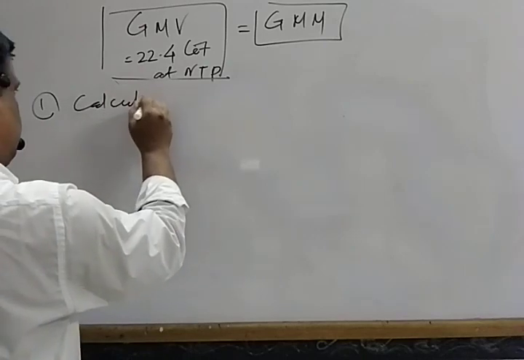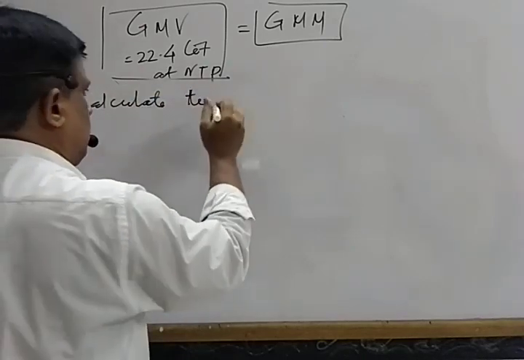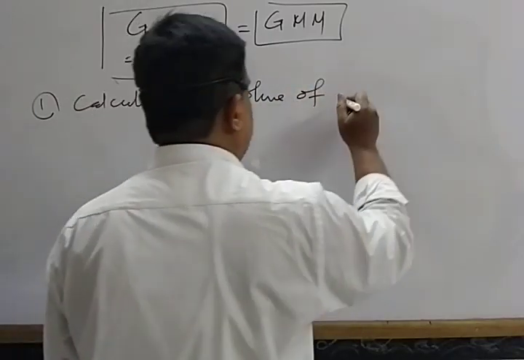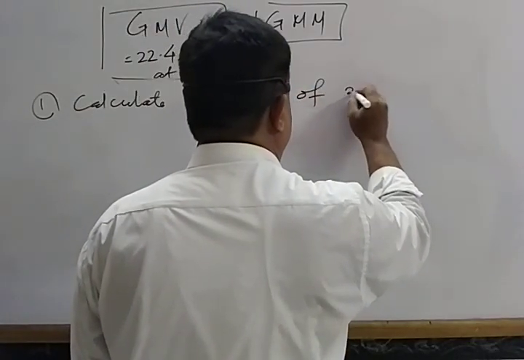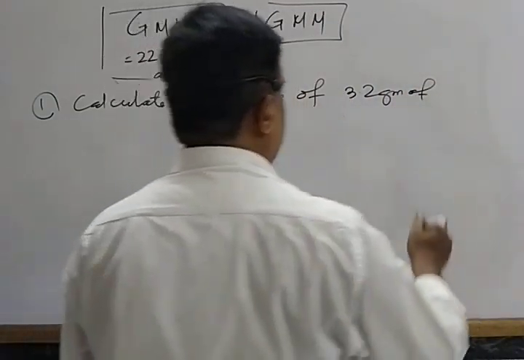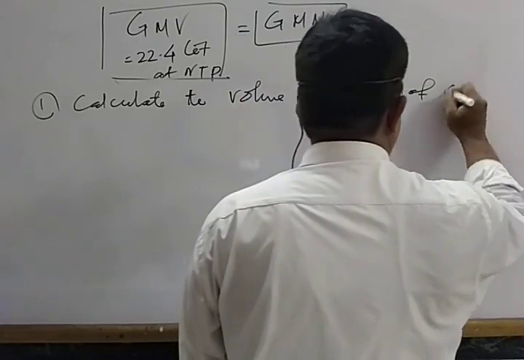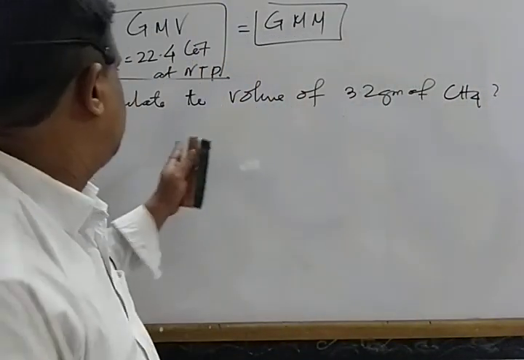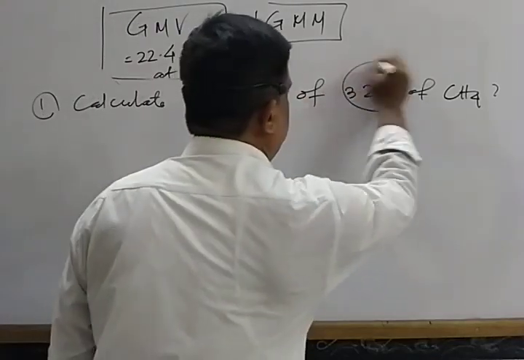Calculate the volume of 3.2 gram of CH4. Mark the question.